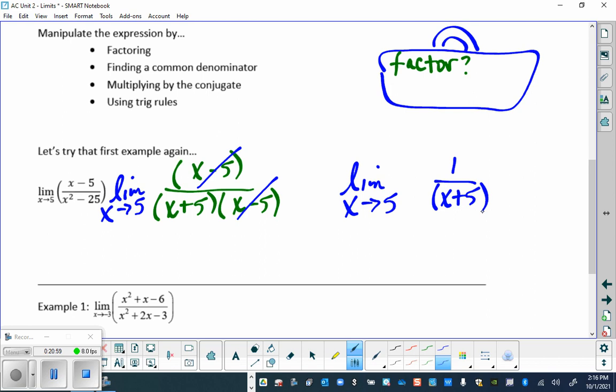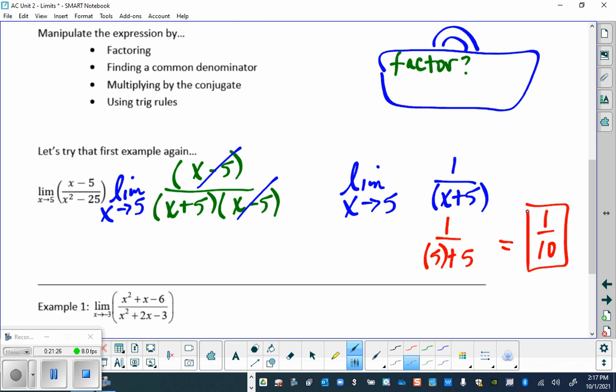So what ends up happening is, inside of this tool bag, I've got some algebraic strategies that are going to help me address what my problem is. So I can go ahead and substitute my 5 in, and I can say the limit as x approaches 5 is going to be 1/10, and that is the limit.